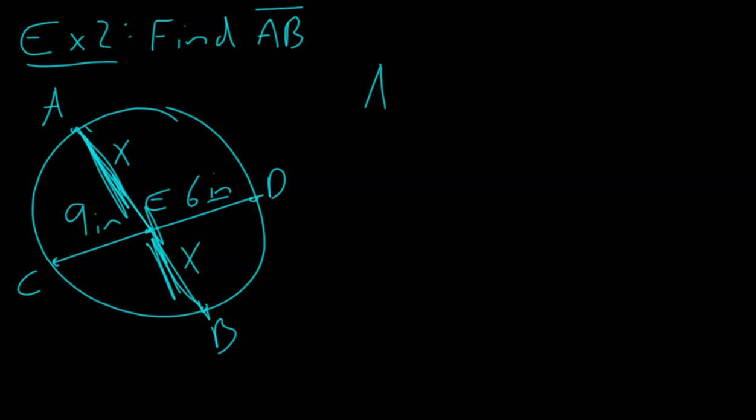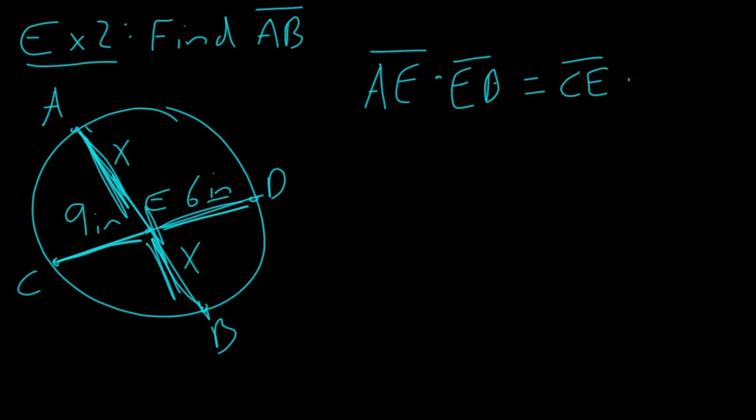And so let's see. So we'll have AE, that's our very first piece of the line, times EB, equals, and here we have our first piece, which will be CE, times our second piece, which will be ED.